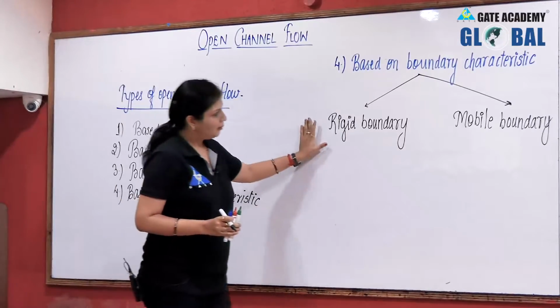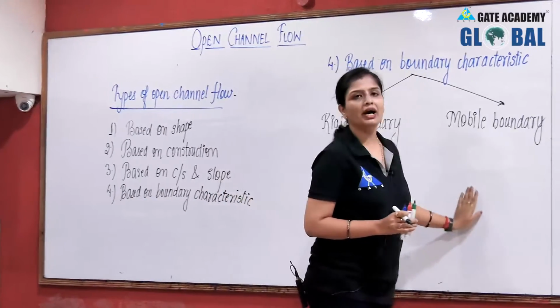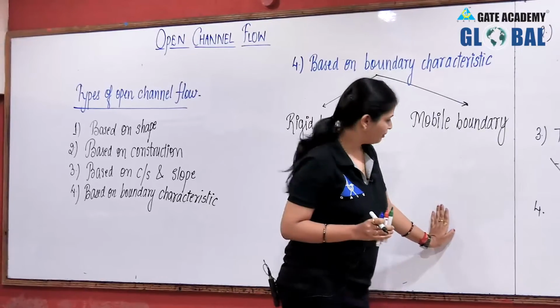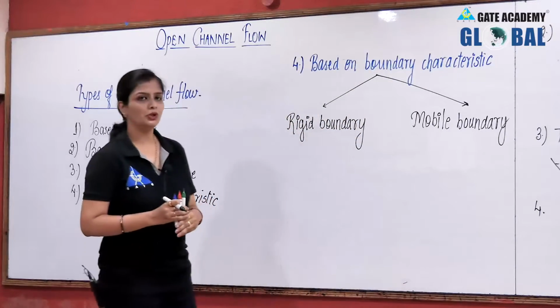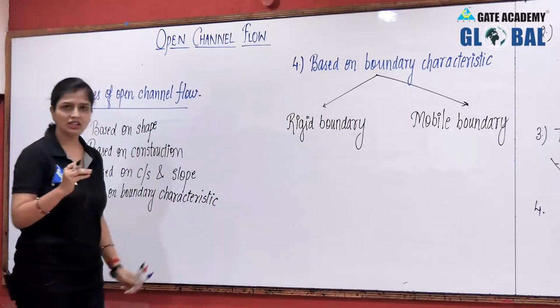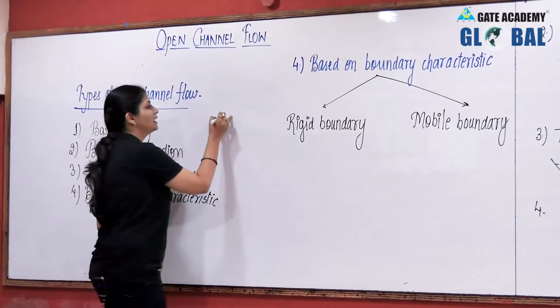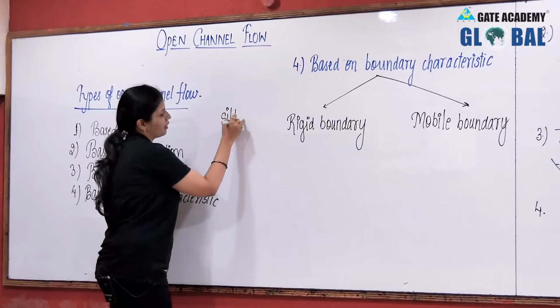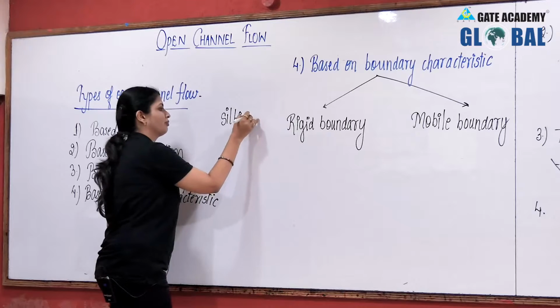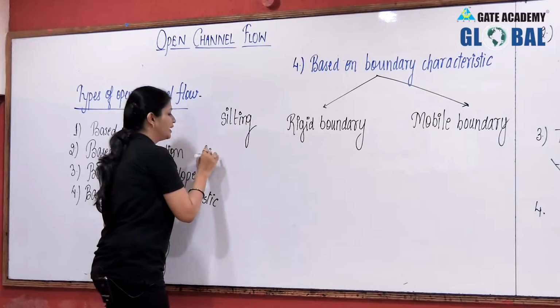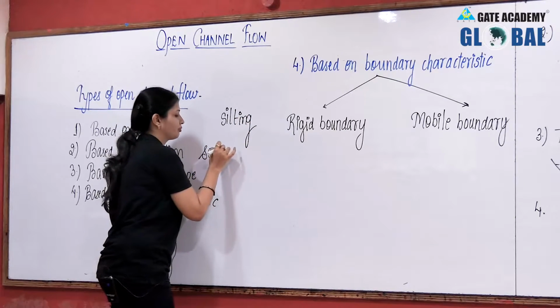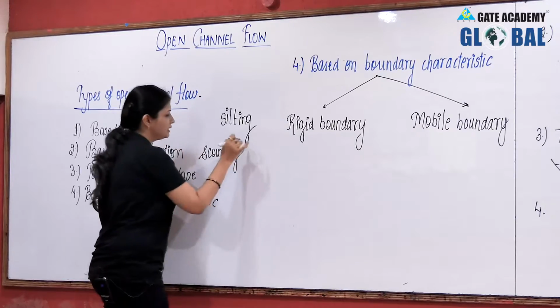Before going to this part of boundary, there are two terms I want you to know. Have you heard the terms silting and scouring? Do you know what silting is and what scouring is?